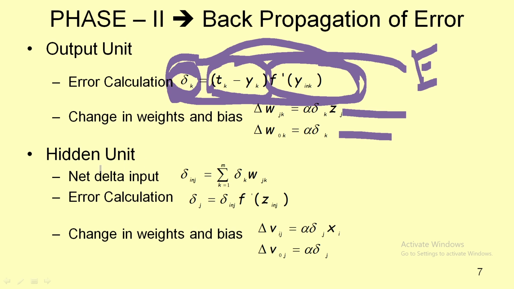The same thing is applicable in the hidden unit also, for which first the net delta input is calculated, and that net delta input is used in the error calculation, and that error is used in the calculation of the change in weights and bias, that is delta Vij and delta V0j. So this is the calculation of error in the back propagation phase, that is phase 2.